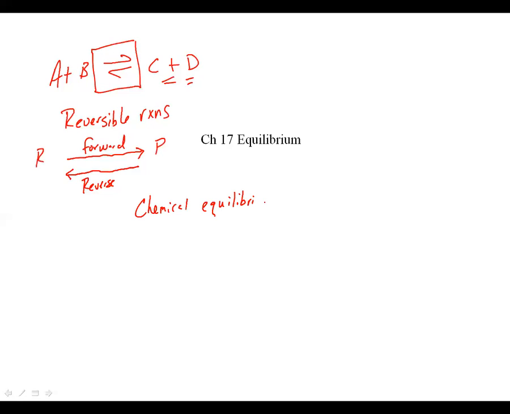And chemical equilibrium basically means the rate of the forward reaction will equal the rate of the reverse reaction. So just as quick as it goes to the right, those guys will recombine and just as quick head back to the left.